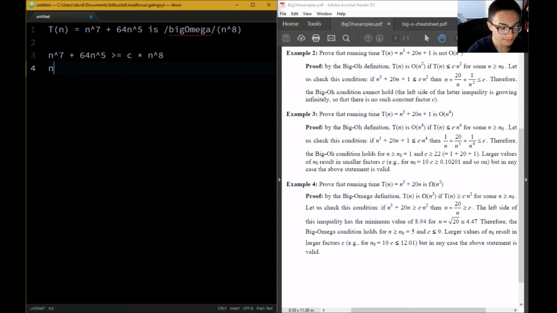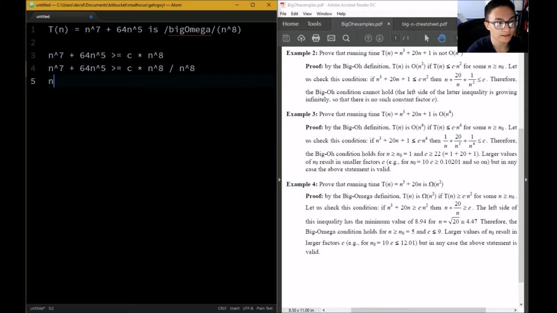So n to the 7th plus 64 n to the 5th is greater than or equal to c times n to the 8th. Sorry about that. Then we'd have n to the 7th over n to the 8th plus 64 n to the 5th over n to the 8th.